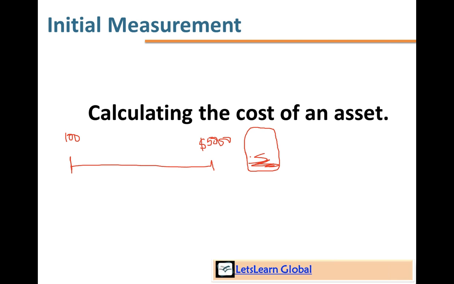The installation charges, say $3,000. And somebody has to provide you training because it's a new asset. If you have any training cost, the asset cost would be transportation charges to bring the asset to the destination, plus installation charges, plus training costs. So 100,000 plus 5,000 plus 3,000 plus 2,000 training costs. 110,000 is going to be capitalized. This amount is to be capitalized.